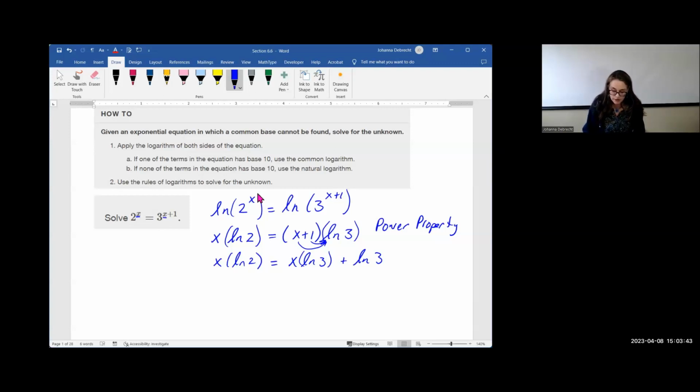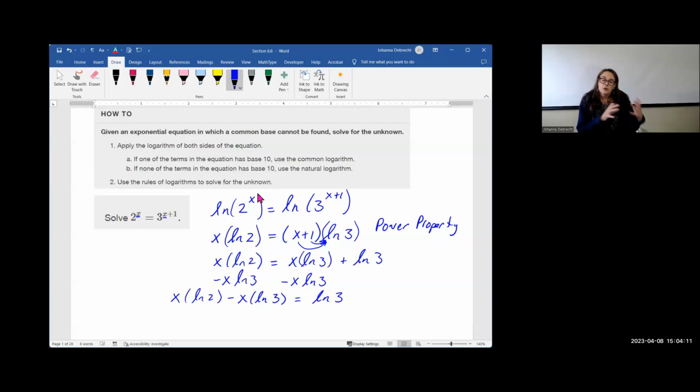So what I want to do now is get these two terms together here. I'm going to subtract the entire term, x times the natural log of 3, from both sides of the equation. Now I'm going to write it out so that we can see what it looks like. I have x times the natural log of 2 minus x times the natural log of 3 equals the natural log of 3.